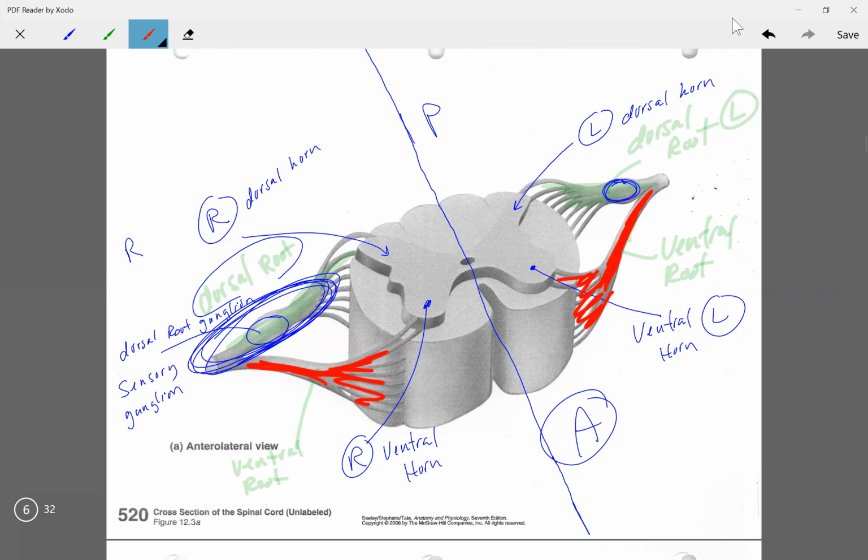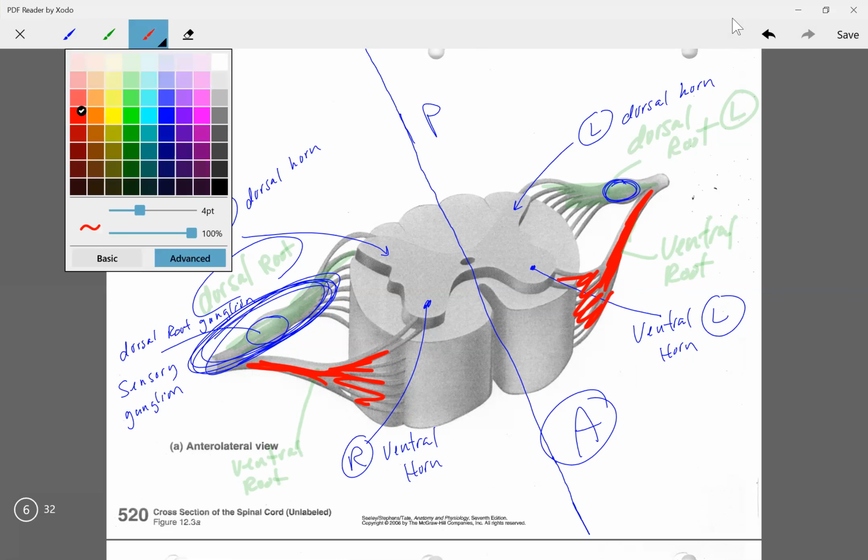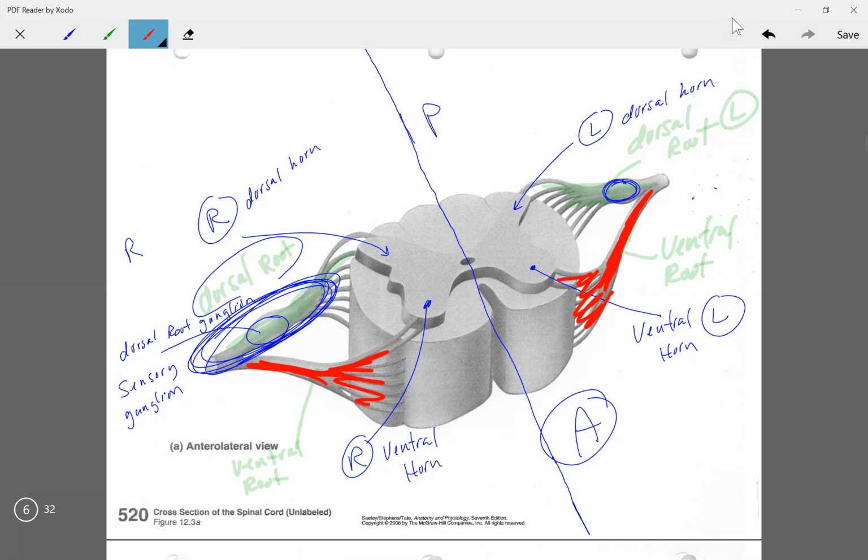And you'll notice that the ventral horn and the ventral root are connected. The ventral horn and the ventral root are connected. The dorsal root and the dorsal horn are connected.